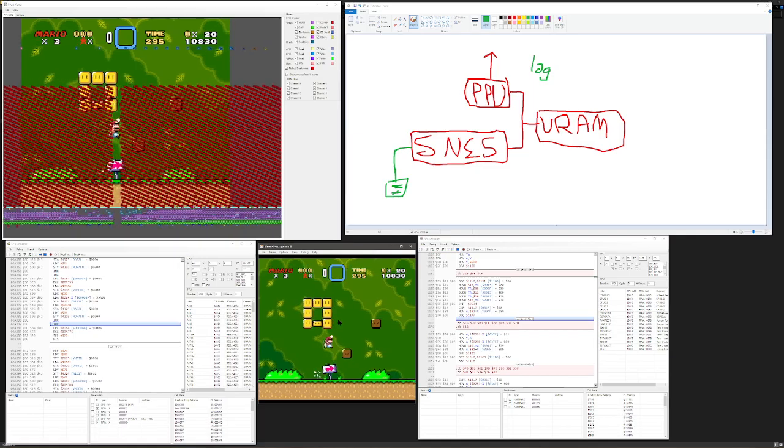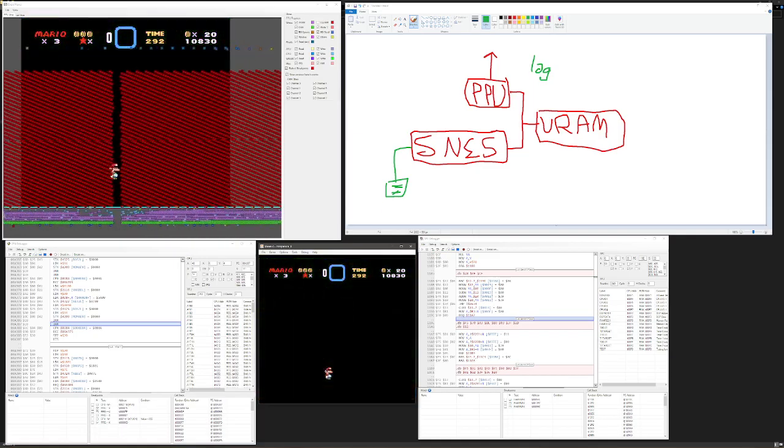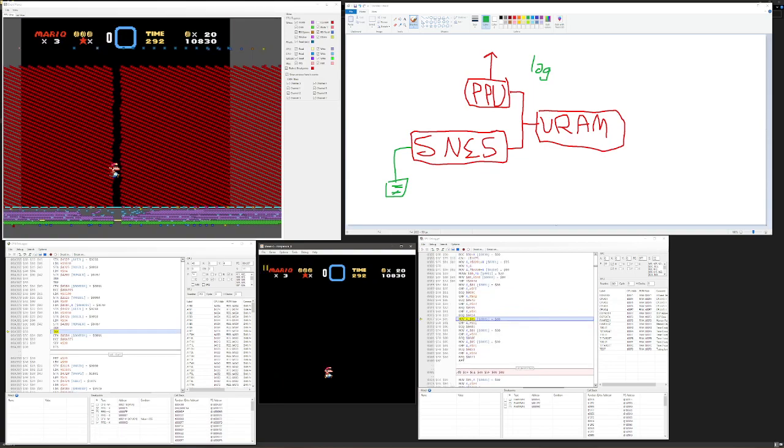Now, there are some things that cause a certain amount of lag. So in this case, when I hit a goal tape, there's nothing else going on, and it's going to be the same for every single goal tape ever.